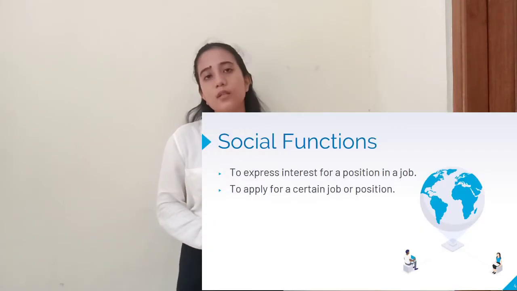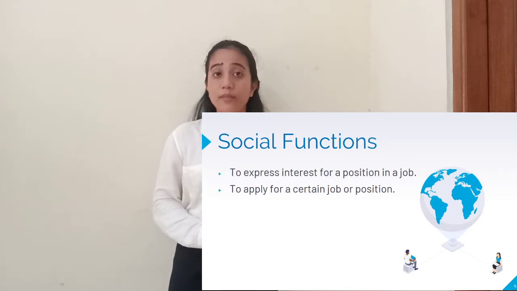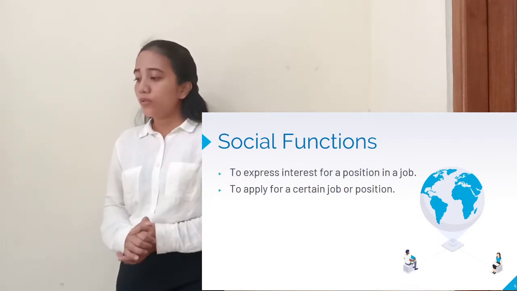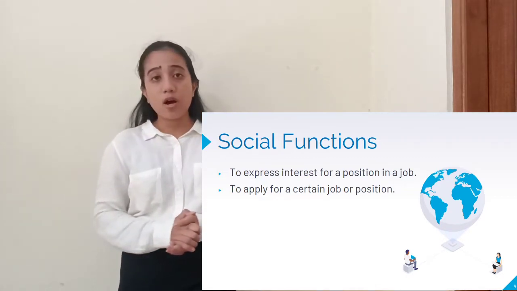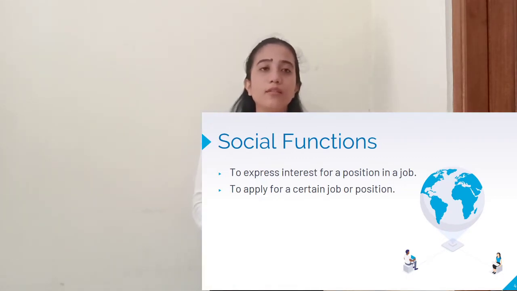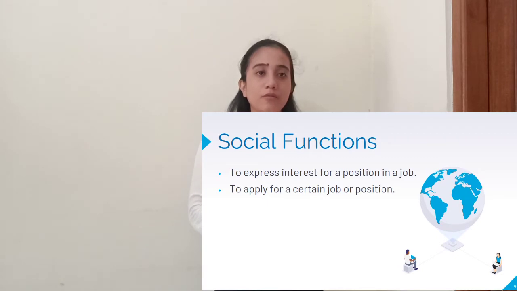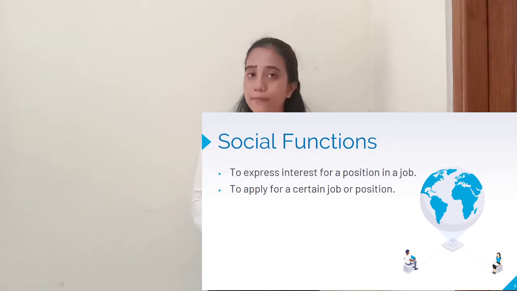Now we'll look at the social function. The social function of a job application letter is to express interest for a position in a job. So you should let the company know that you are interested in joining their company.